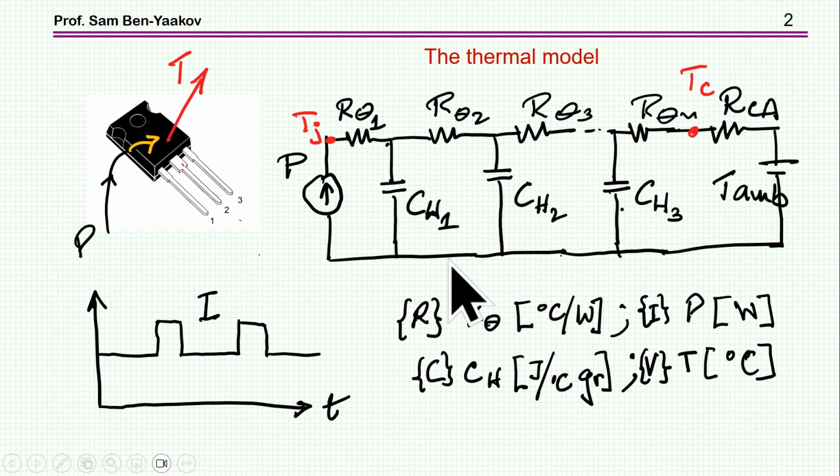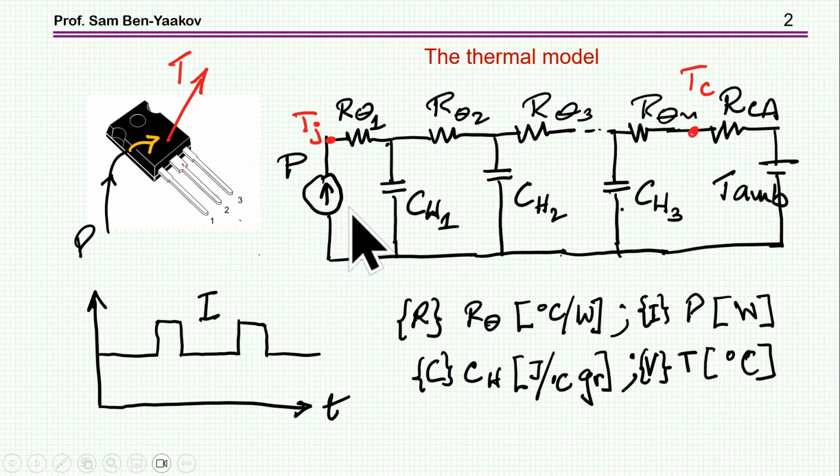The issue that I'm addressing in this presentation is the thermal problem of a transistor, and in particular the junction temperature. So here is a thermal equivalent circuit, in which the thermal behavior is emulated by an electrical circuit.